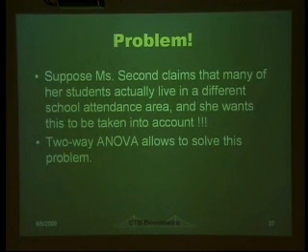I have about 10 more minutes, and I'll quickly go over two-way ANOVA. Suppose Ms. Second says that her number of target slips is maybe even a little bit higher than in the other 2 groups, but it's due to a different school attendance area.